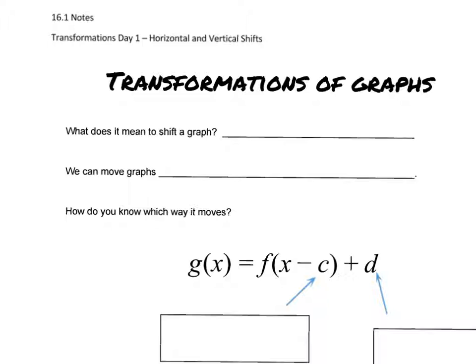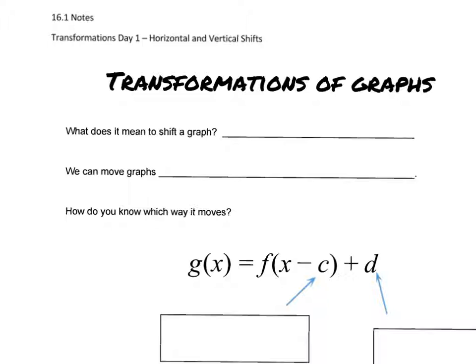We've talked about quadratics, and we just got done talking about exponential functions. So now we've got linear functions, quadratic functions, and exponential functions. And guess what? You can transform all of the graphs. You can move up and down a parabola. You can move up and down an exponential function. And it's done by shifting the graph.